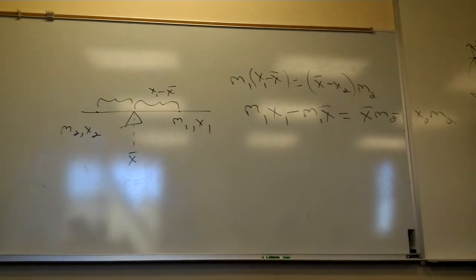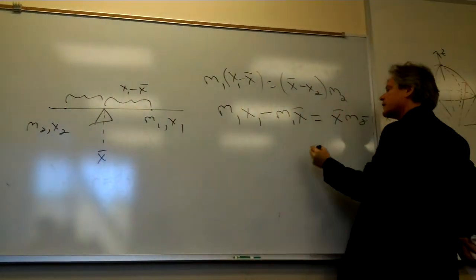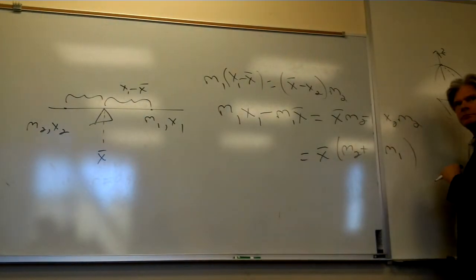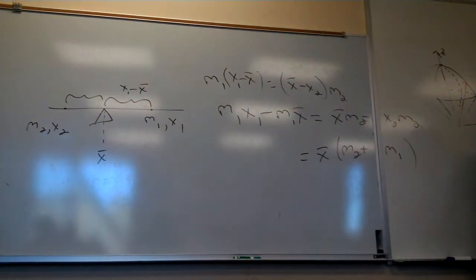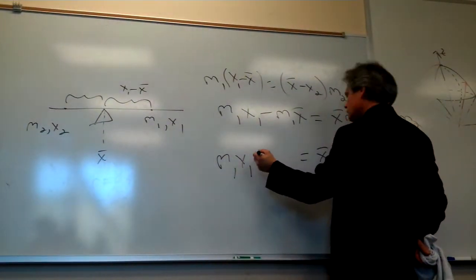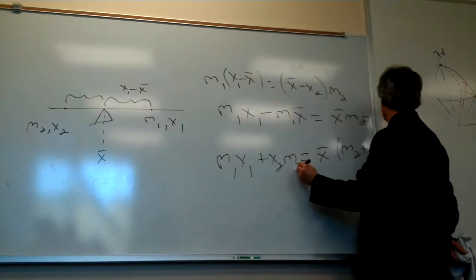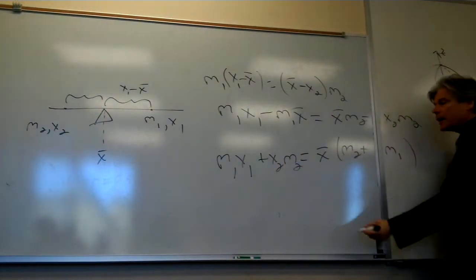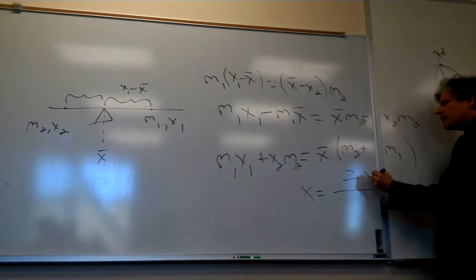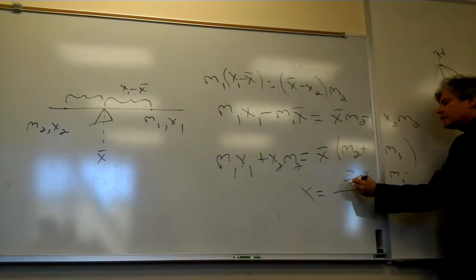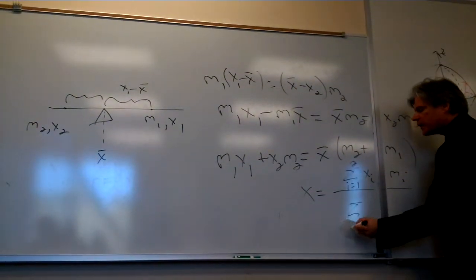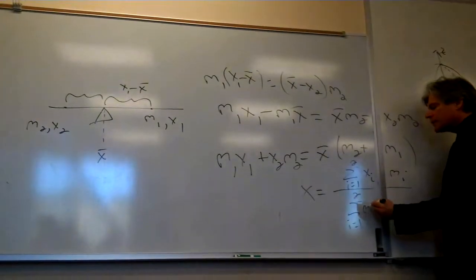Let me bring all the terms involving x bar to one side, because I want to isolate it, and all the terms not involving x bar to the other side. Then x bar can be interpreted as the sum of x sub i times m sub i, as i ranges from 1 to 2, over the total mass, which is the sum as i ranges from 1 to 2 of my m sub i values.